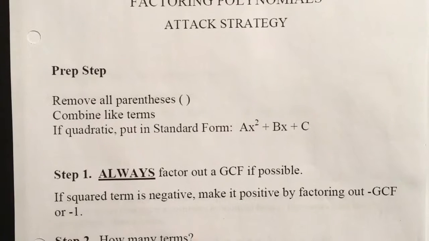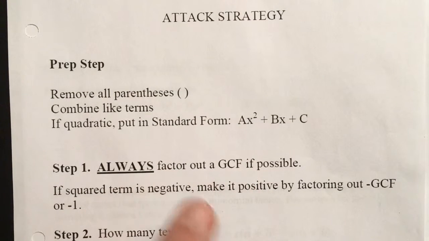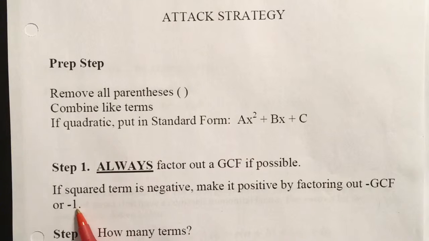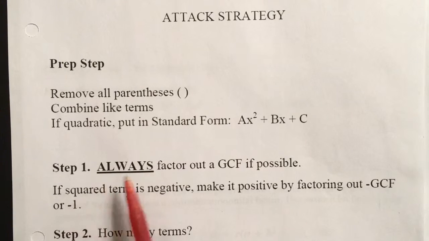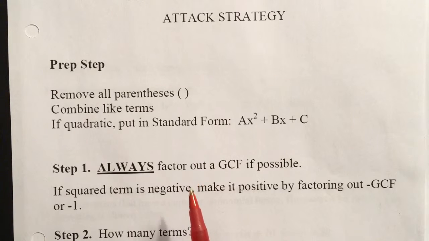All right, then it says always factor out the GCF. So if it's 2x squared plus 4x, you can factor out 2x from both those terms. That's the GCF. Another key thing here, we haven't done much with this, but if you have a leading coefficient that's negative, take out a -1 so that all the signs change, and your leading coefficient will then be a positive.